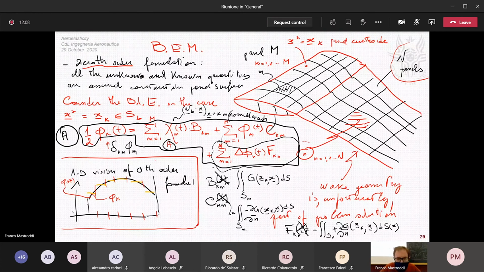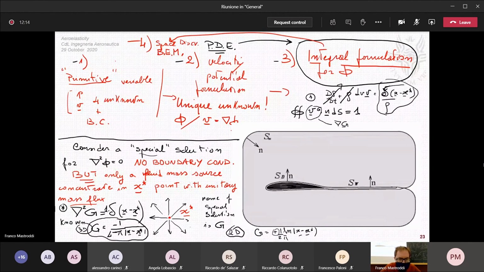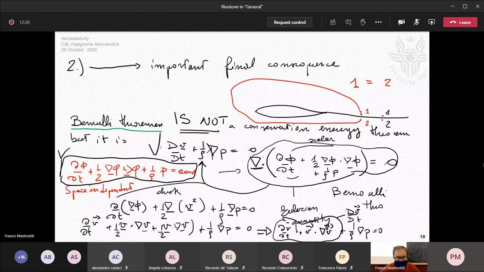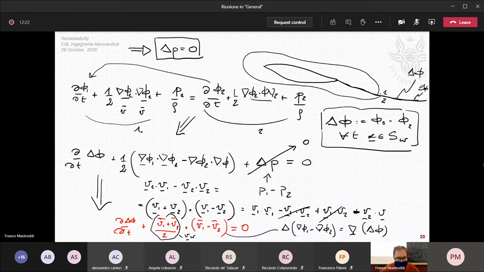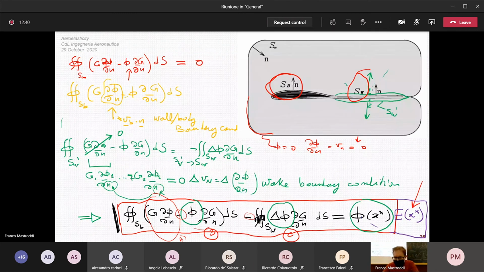Yesterday we started from this differential equation scheme like this here, and we started by this problem, and after a boundary integral equation procedure, we obtained this equation here, giving the velocity potential everywhere as an integral of the velocity potential on the body.